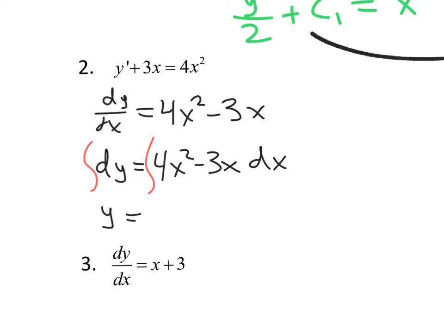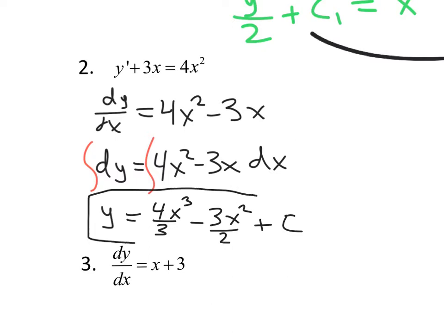So I'm going to write y equals, I'll do the constant on the right side. 4x squared, so that's going to be 4x cubed over 3 minus, this will be 3x squared over 2 plus c. I've got it solved for y. Because I didn't use any other c's, I don't need to call it c1 or anything. I can just call it c. And there's my general solution.